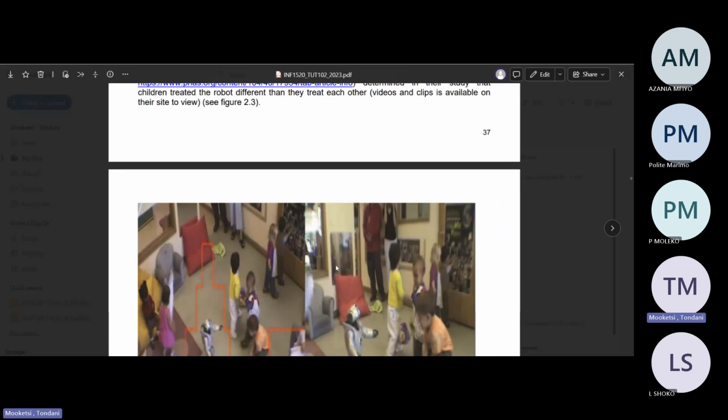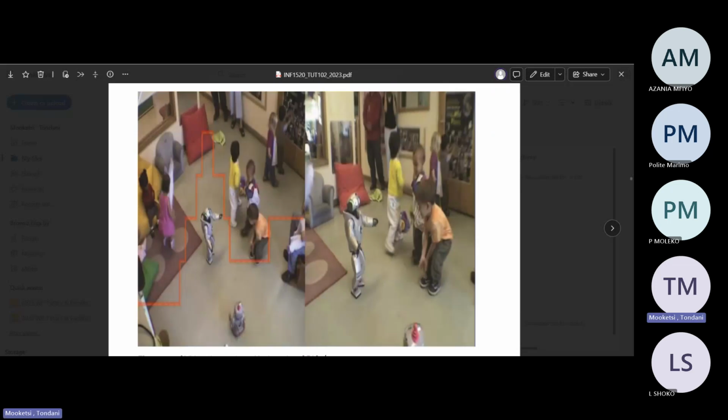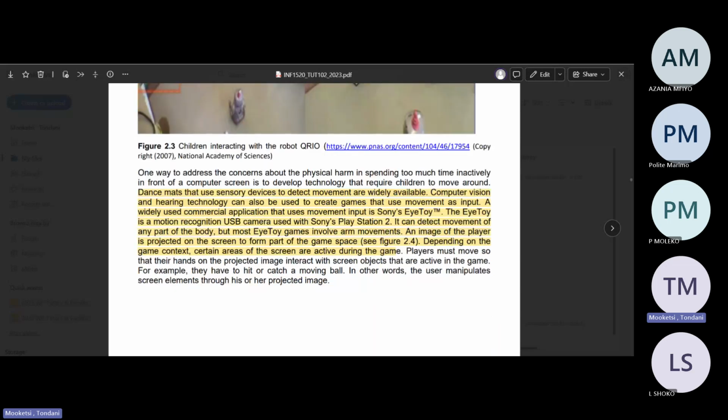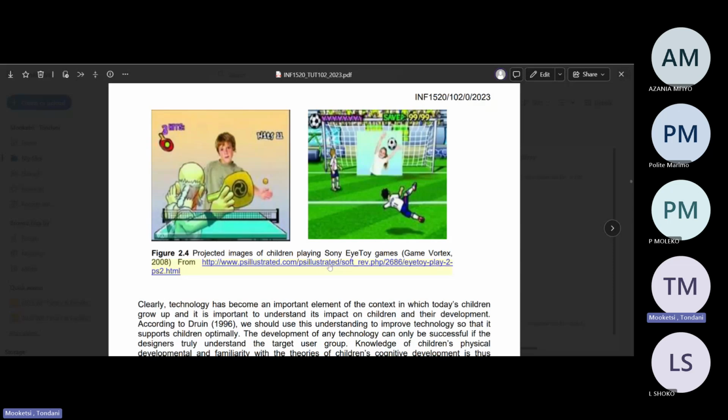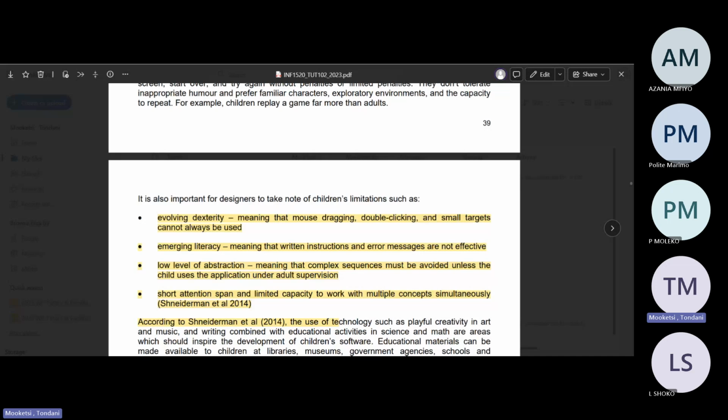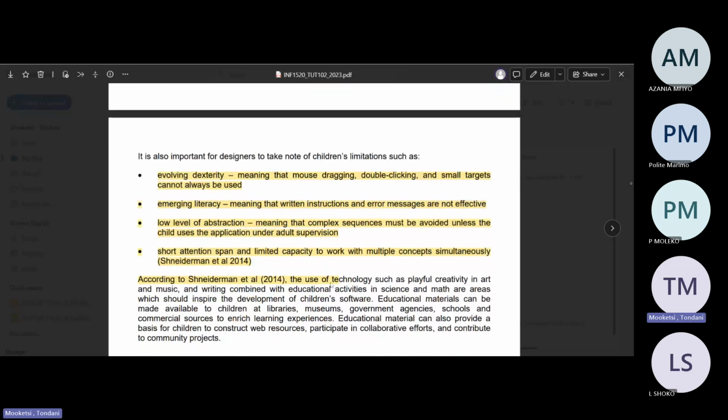So maybe you can see in this picture a young child interacting with a robot, and we have games that are interfaces designed to help children to learn. But if you give that type of an interface to an elderly person, it is not going to be appealing to them.